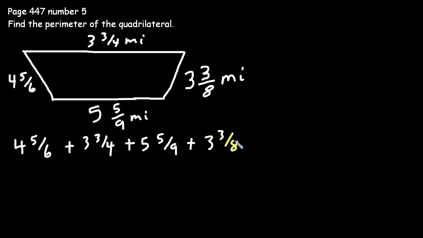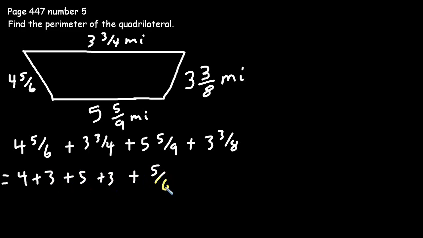Now there's a few ways we might proceed from here, but these are four mixed numbers. I think what I'll do is look at the whole number part and the fractional part separately. So I'm going to write this as 4 plus 3 plus 5 plus 3, which are the whole number parts, and then I'll worry about the fractional part separately.